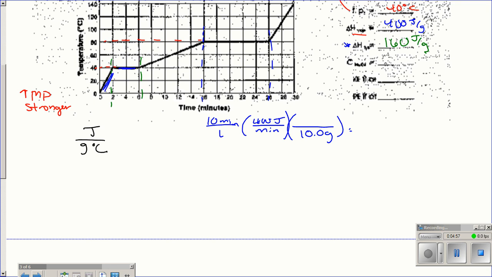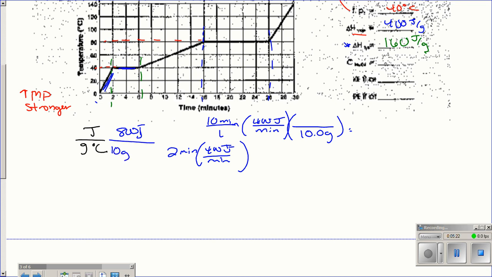So we know that the time is going from 0 to 2 minutes. So we have 2 minutes. 2 minutes times 400 joules per minute gives us a heat of 800 joules, and that's per 10 grams.